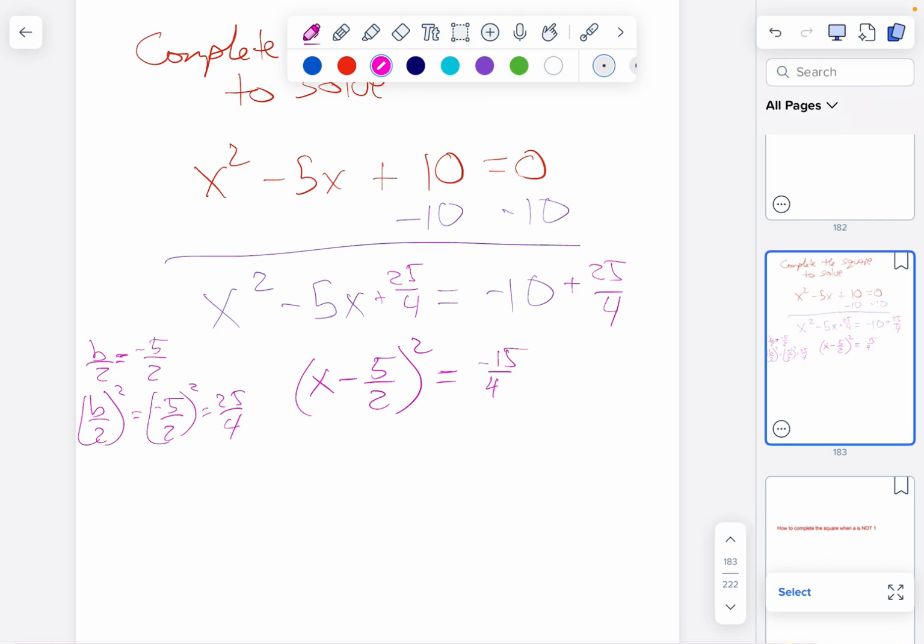Okay, and then I said solve, so we would square root both sides. And it's going to be kind of a little bit ugly from there, but plus or minus square root of 15 fourths i. And then we have to add 5 fourths.